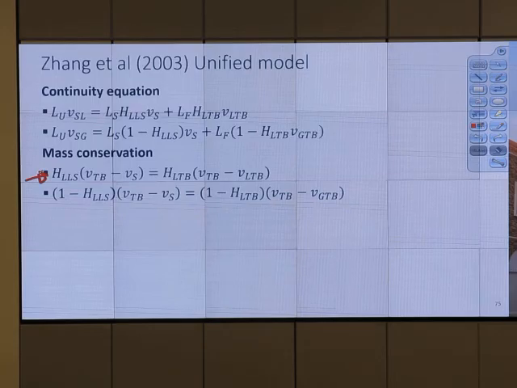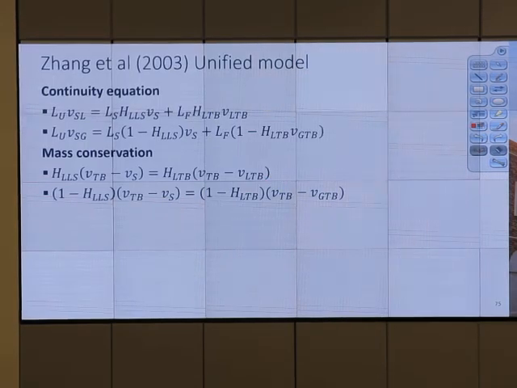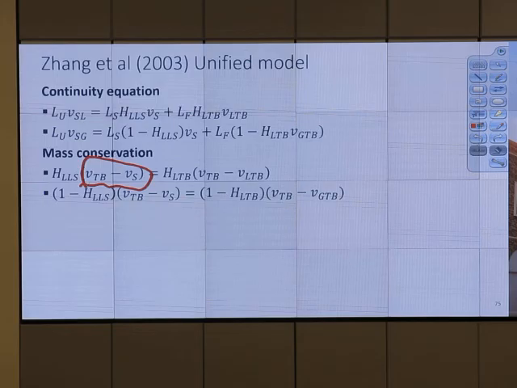The top one, is that for gas or liquid? What about this one? Gas. Okay, correct. So this is for the moving coordinate system, and we use the relative velocity to do the calculation. Basically, the mass across the boundary from the left side and right side are the same for the moving observer. So they do a mass balance for the moving observer.